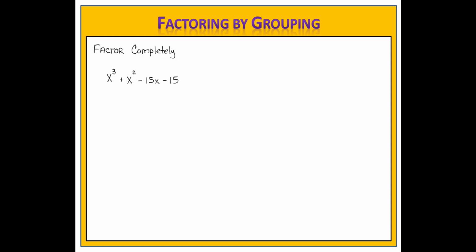In our first example, we want to factor x to the third plus x to the second minus 15x minus 15. I like to factor by grouping by using what I call the grid. The grid is a 2x2 box, and in each of those boxes we will write one of the terms from this polynomial.